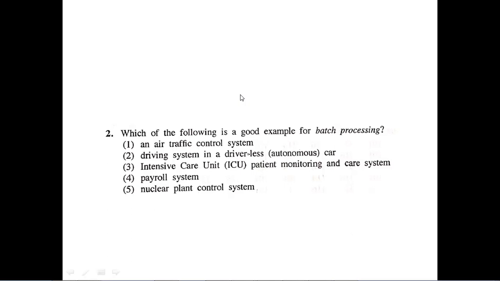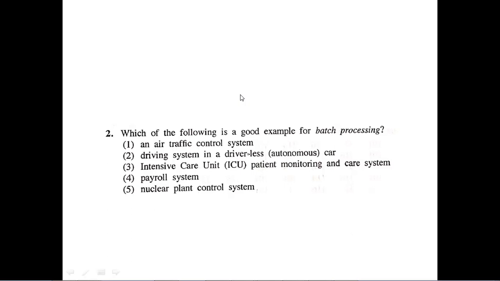And in soft real-time, the failure of the processing will degrade the quality of the processing. However, in this question, the first, second, third, and fifth answers are related with real-time processing.